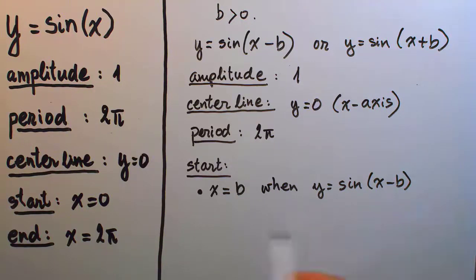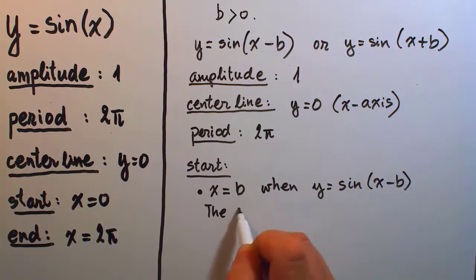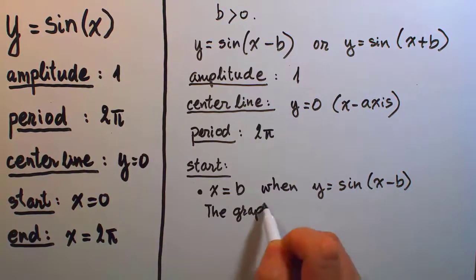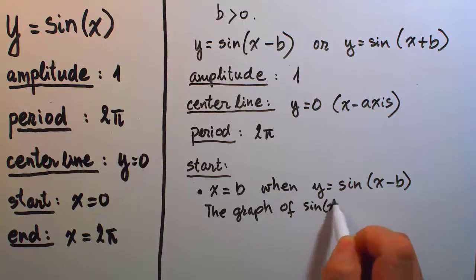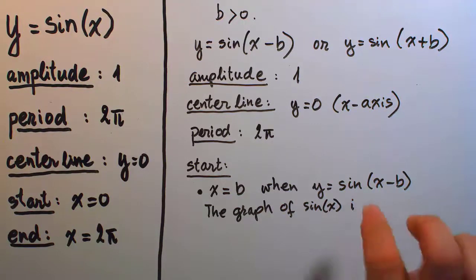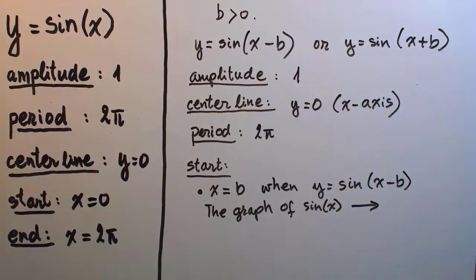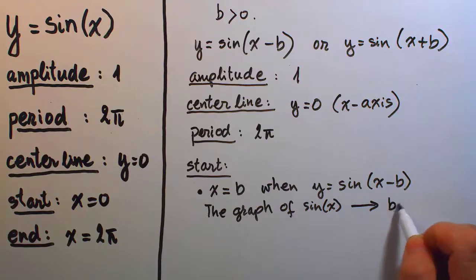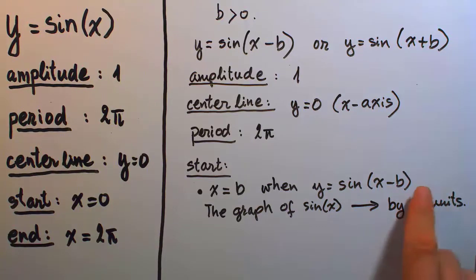So another way of saying that, the graph of sine of x shifts to the right-hand side by how far? By b units.